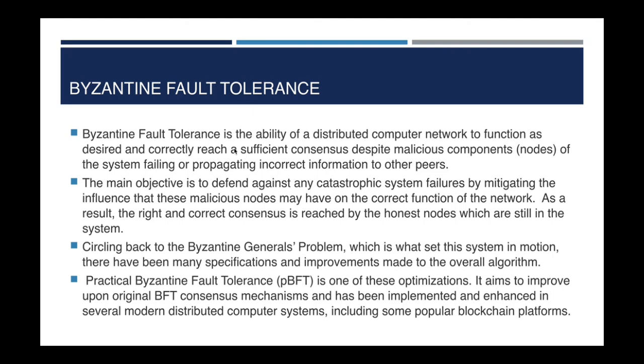The main objective is to defend against catastrophic system failure by mitigating the influence of malicious nodes who are propagating incorrect information. As a result, we can reach the right consensus by honest nodes sending the right information.